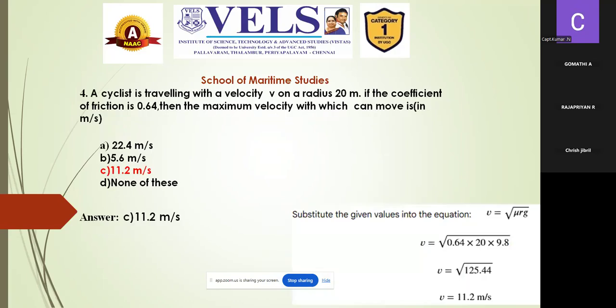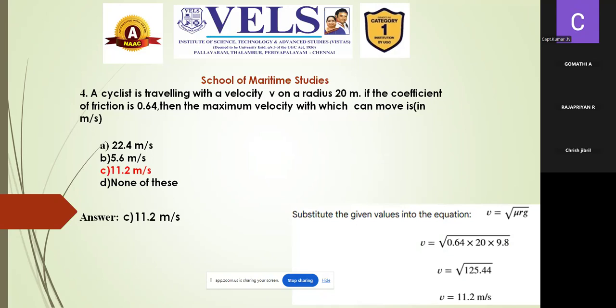Next question is, a cyclist is traveling with a velocity v on a radius of 20 meter. If the coefficient of friction, which means mu, is 0.64, then the maximum velocity with which the cyclist can move is.